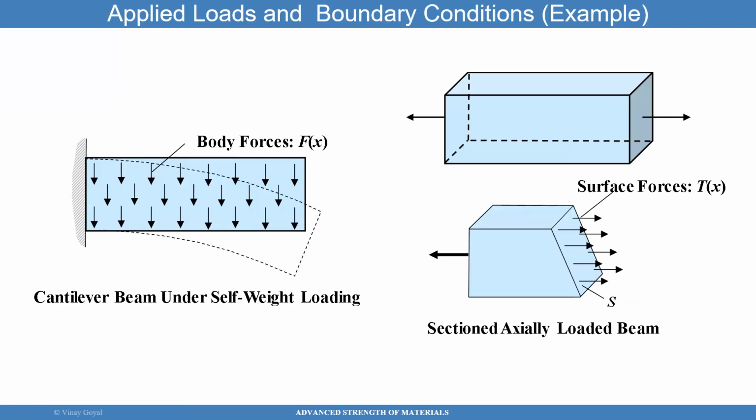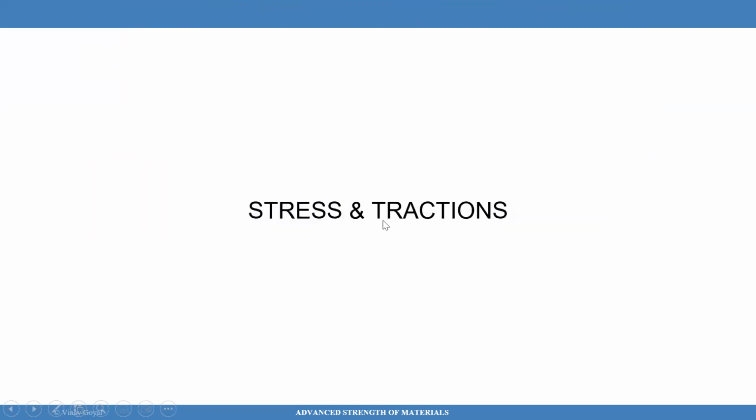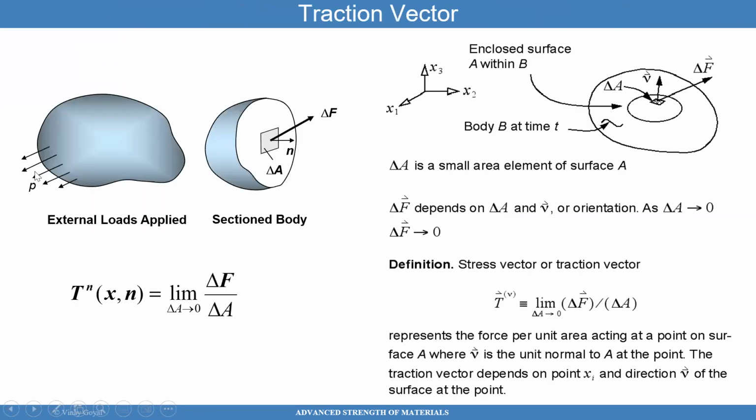So let me go back to what I talked about. I'll take this body of material, make a cut right there, and look at what's going on inside. So I did that. I have this body of material with external loads applied, just like I said earlier. And then I'll take a little piece on that surface.